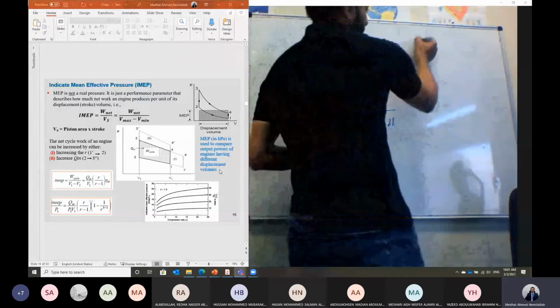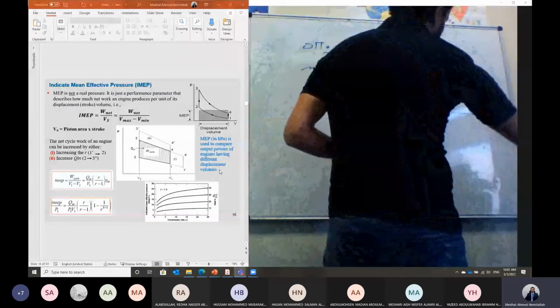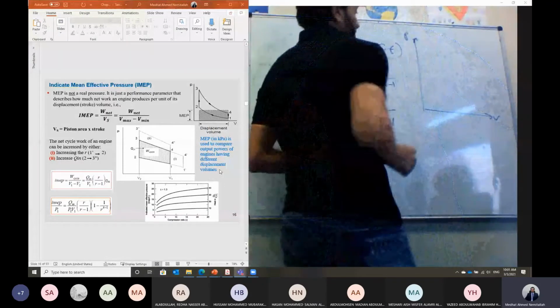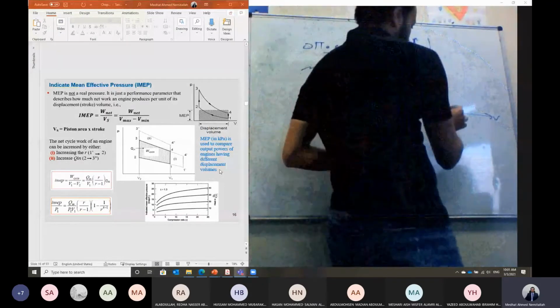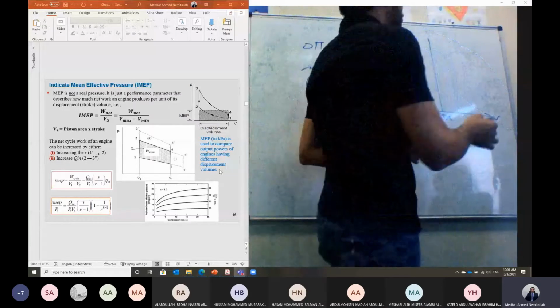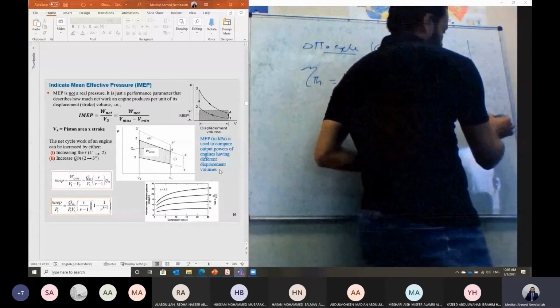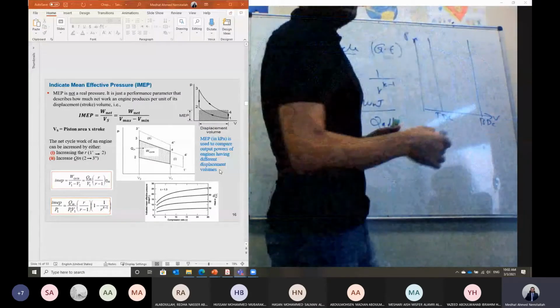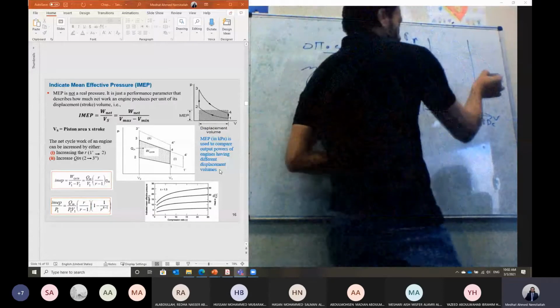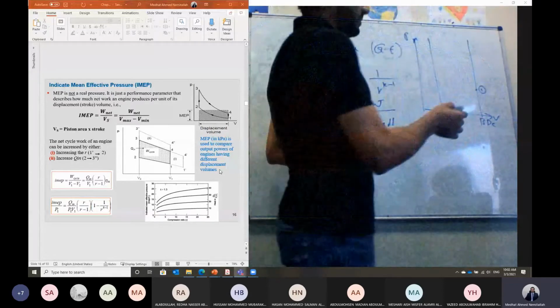And we have represented this cycle on the PV diagram, the pressure volume diagram. If this line represents the top dead center, and that line represents the bottom dead center, we started the cycle from the bottom dead center at the beginning of the compression stroke.